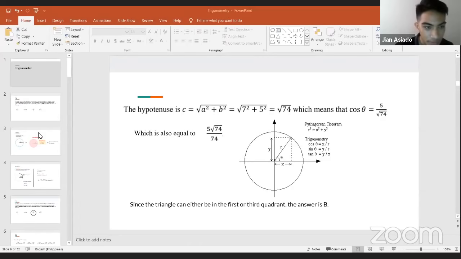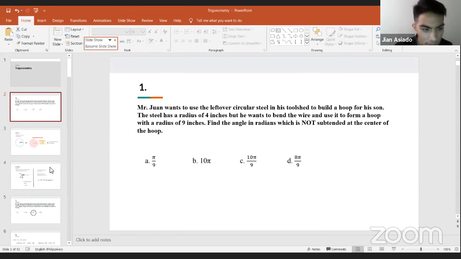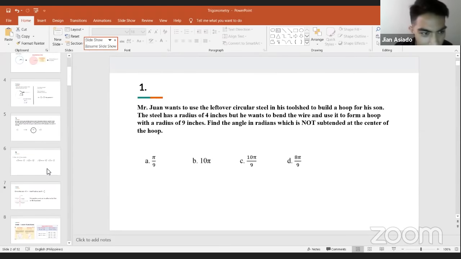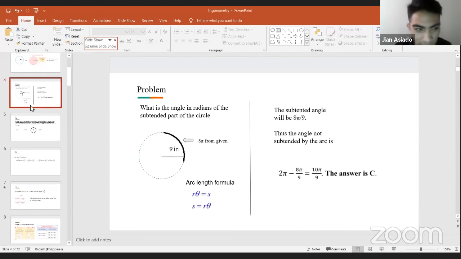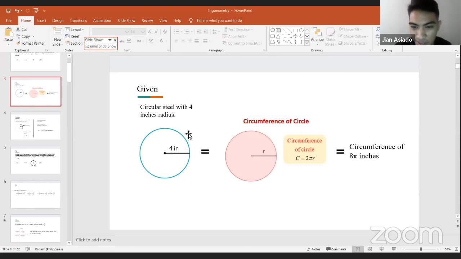Hello, F-Chap. Yep, sorry, nag-CR break ako. Okay. Saan daw galing yung 8 pi sa number 1? Okay, 8 pi, no? Saan nga ba nanggaling si 8 pi? Si 8 pi, siya ay yung circumference, no?